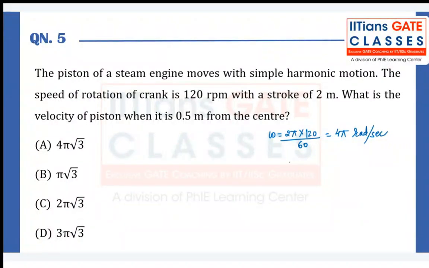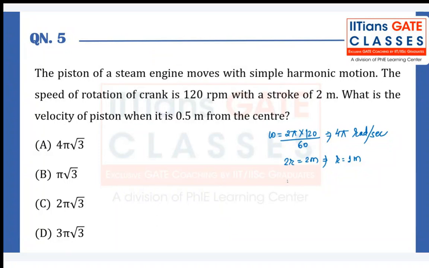Then the stroke, which is 2r, is equal to 2 meter. This implies r is equal to 1 meter. And what they have given is the velocity of the piston when it is 0.5 meter from the center.